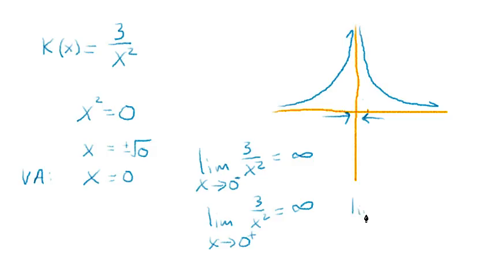I guess we could say that the limit as x approaches 0, coming in from the left and from the right. Even though a limit is supposed to be equal to a real number, we could say this because it gives us the behavior of the graph. And the behavior of the graph says that, as you can see, coming in from the left and from the right, that behavior is going to infinity.